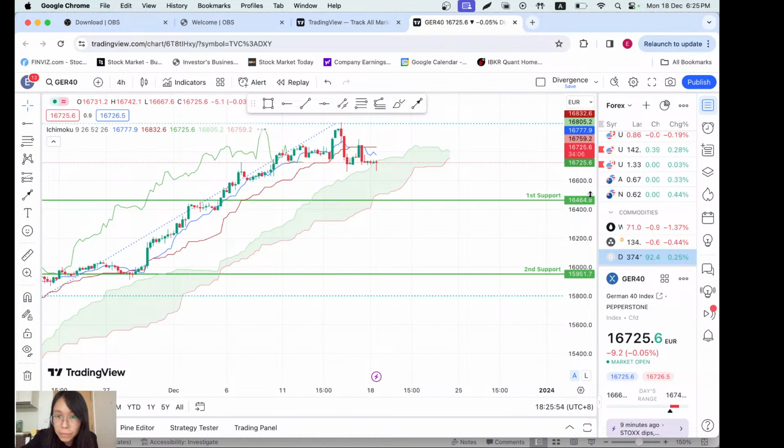It's slightly different on the H4. You can see that the price is touching the Ichimoku cloud and could go down.